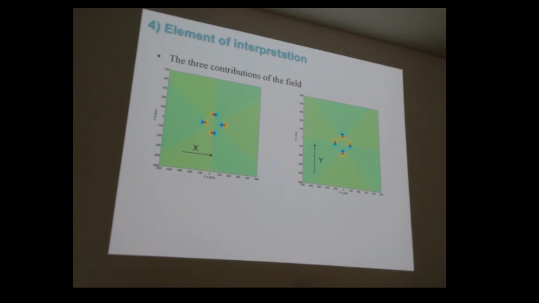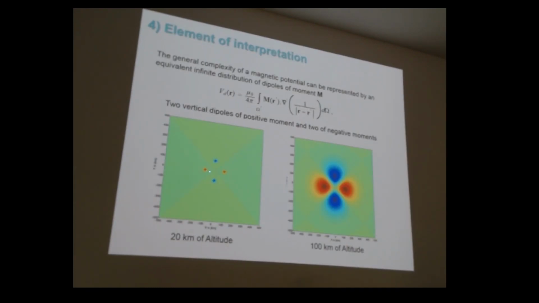Now you can play around with the 3 components, X, Y. Here there is something important: if you go here, because there is almost no effect from this dipole, if you measure the field, the maximum is located at the vertical of the anomaly of the structure.